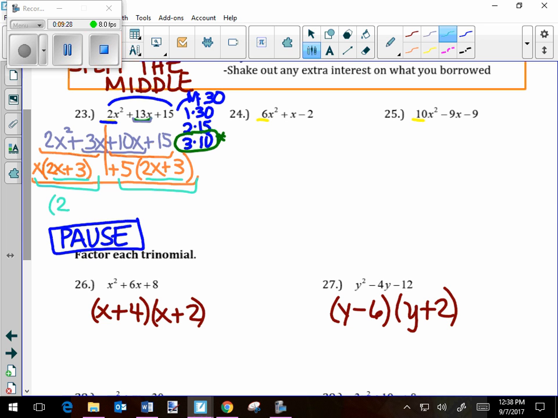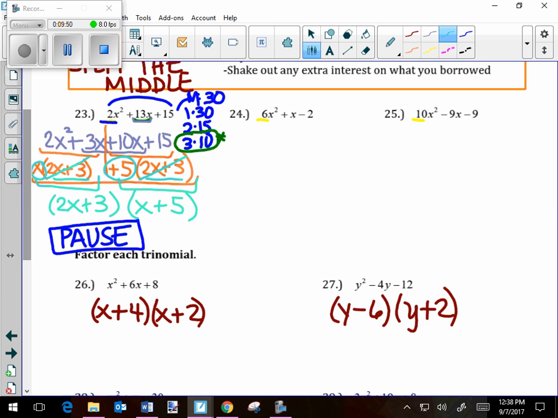So I'm going to say I've got a 2x plus 3 that I'm taking out of both of them. And what's left in the first term is just the x, and in the second term, it's a positive 5. And that is your answer to this question when it's factored. So I know some teachers teach this by guess and check.